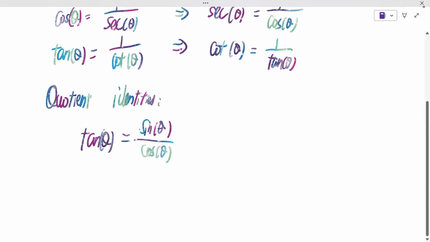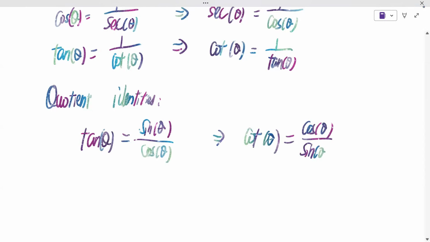And cotangent theta equals cosine theta over sine theta. These are very common characteristics we can use to tackle a lot of different problems based on these basic identities.